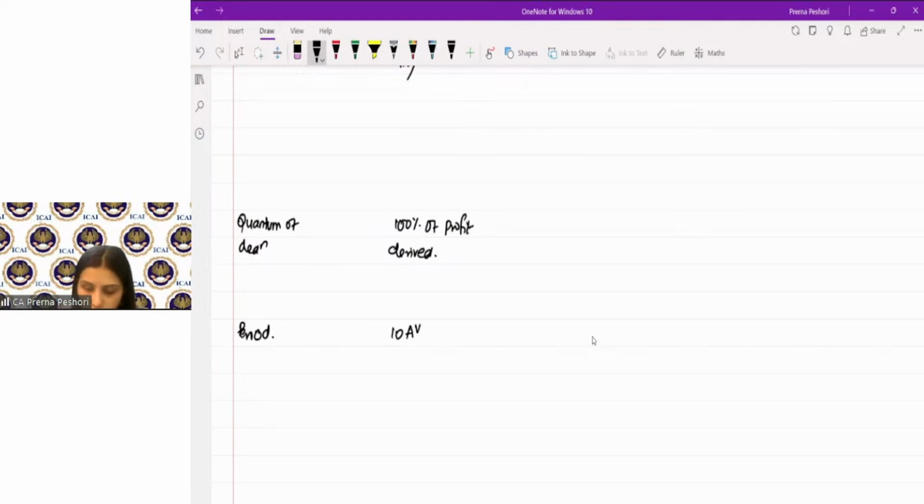10 AY from the commencement of the business, right? So in case of infrastructure facility, assessee has the option to claim the deduction for 10 consecutive AYs out of the 20 years beginning from the year in which the undertaking develops or begins to operate the eligible business.